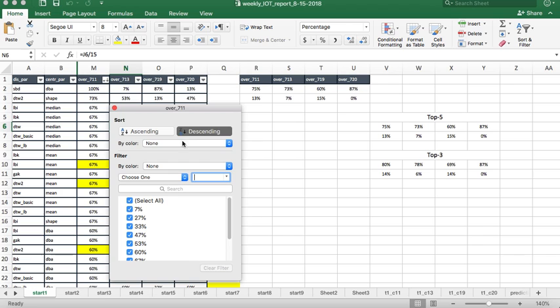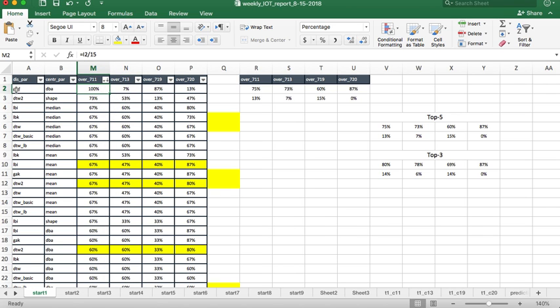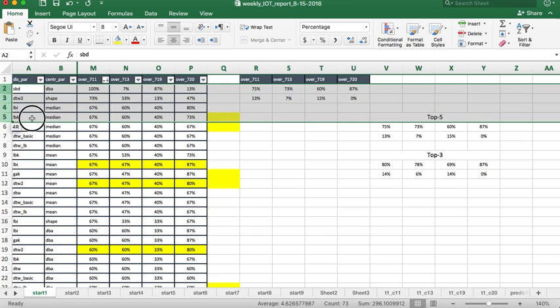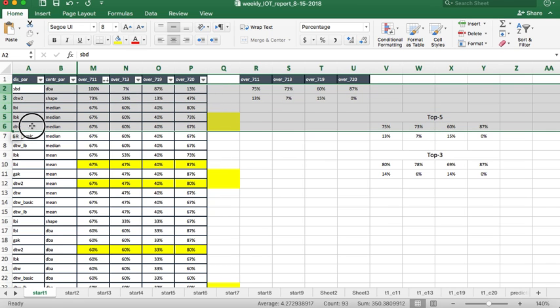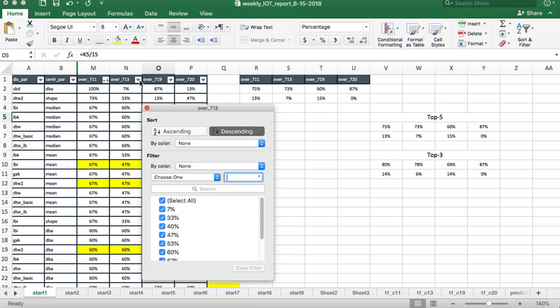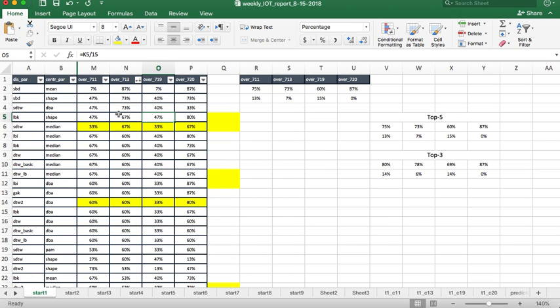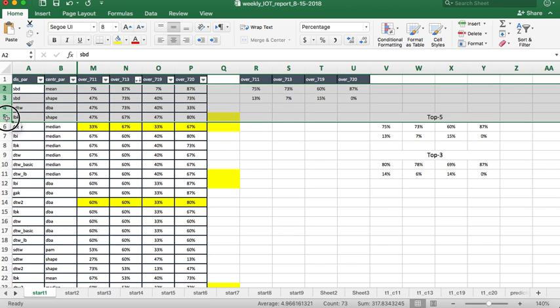And I focus on the top 5 clustering results in terms of overlap. Like here, I look at the top 5 clustering results, which were from 100% to 67%, and I sorted for overlap of 7 and 13, and then looked at the top 5 clustering results.